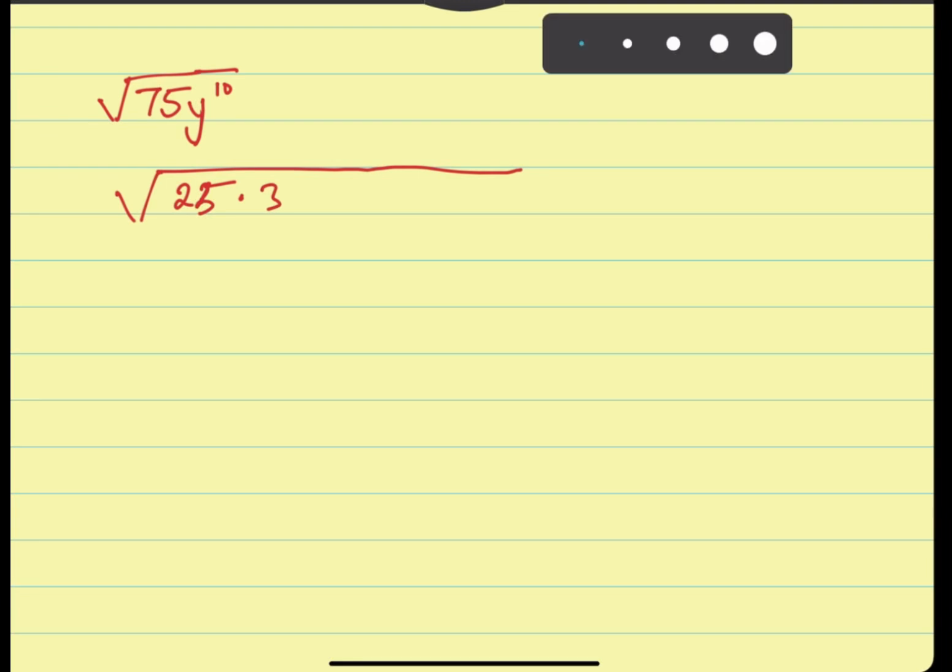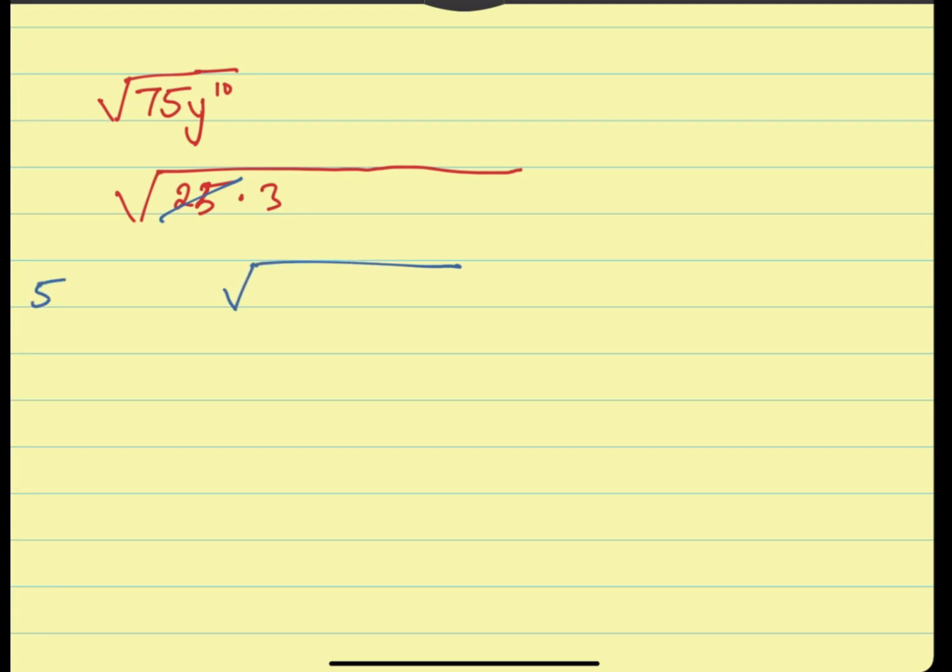So 25 goes out as what? 5, right? And 3 stays. Now you have to write 10 Y's. Or you could just divide. 1, 2, 3, 4, 5, 6, 7, 8, 9, 10. Now we put them in groups of what?